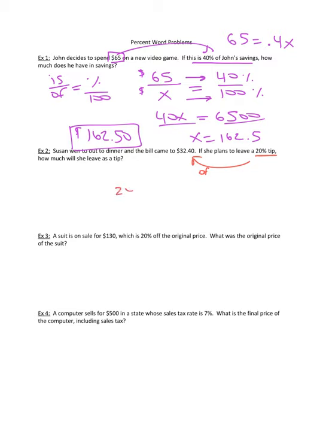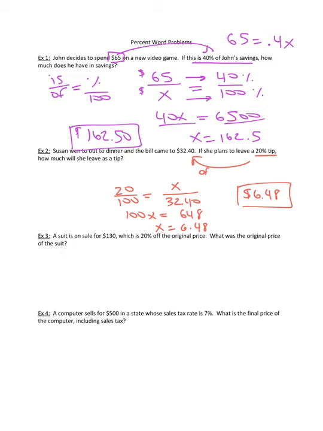We want to know how much that is out of $32.40, which is your whole. Okay, we're going to cross multiply. 100x equals 20 times $32.40, which is 648. When you divide by 100, x equals $6.48. She's going to leave a $6.48 tip. That is 20% of $32.40.